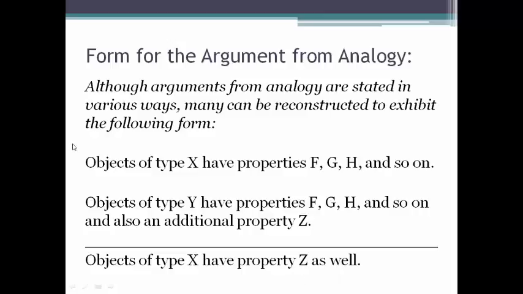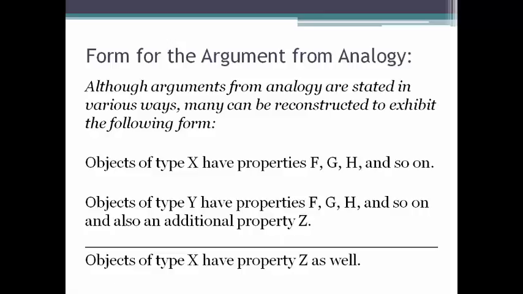So think about the example we had earlier where hormones were tested on birth control. Hormones were tested on female rats, and conclusions were drawn about female humans. In the one case, the female rats could be type Y, and we say, hey, they share certain physiological properties with humans, and they also had the property of being affected by the hormones in a certain sort of way.